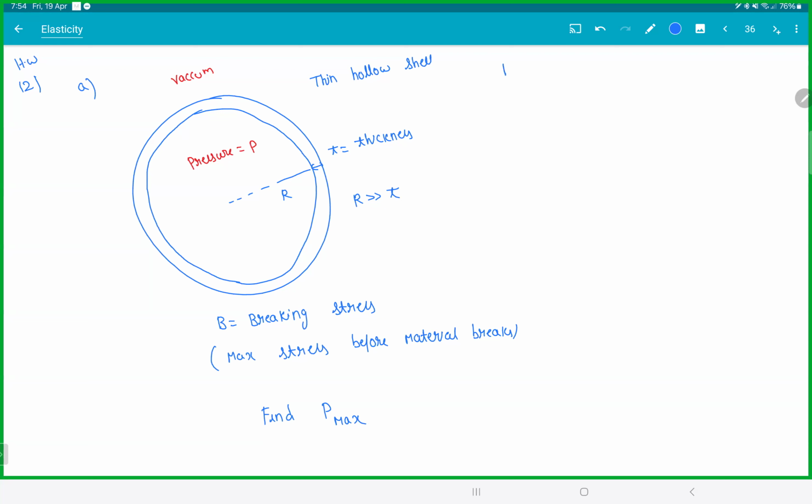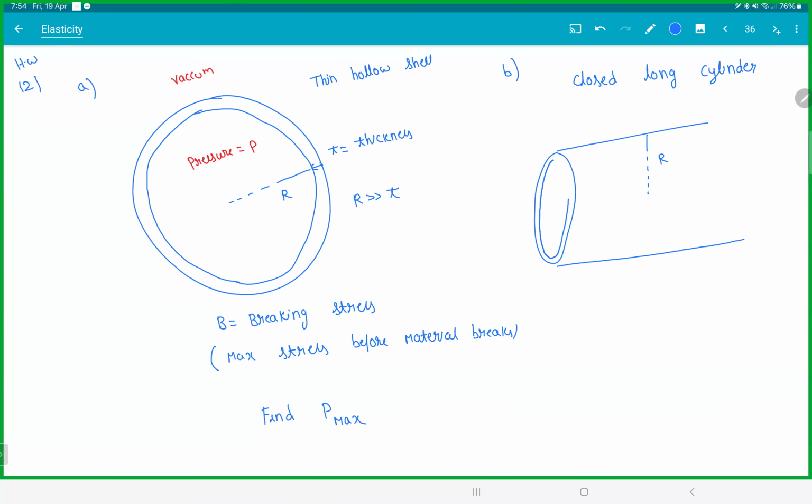Same thing, that is still an easy one. The better question is this one. We have a hollow cylinder. It's a long hollow cylinder, closed, meaning you can neglect the edge effects. The radius is R. Thickness is also T. Same question.